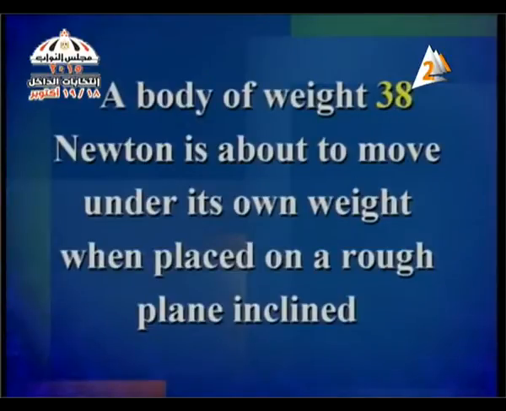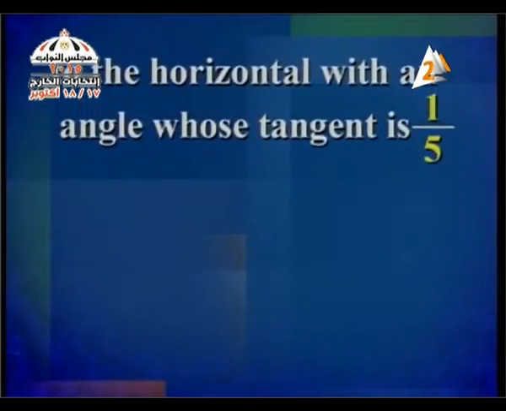A body of weight 38 Newton is about to move under its own weight when placed on a rough plane inclined to the horizontal with an angle whose tangent is 1/5.